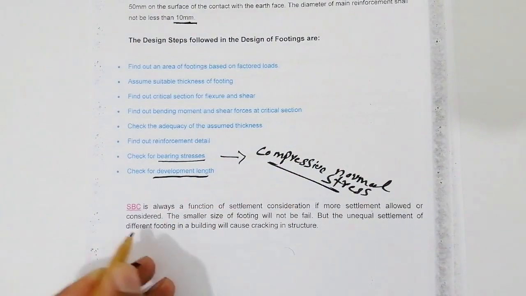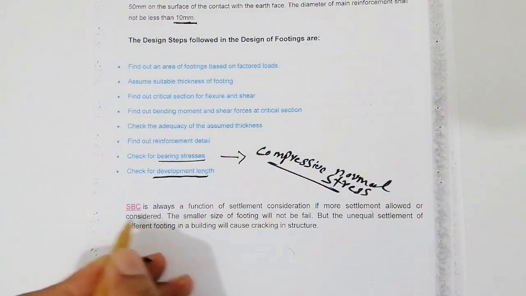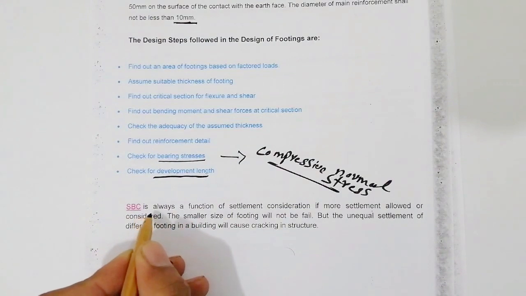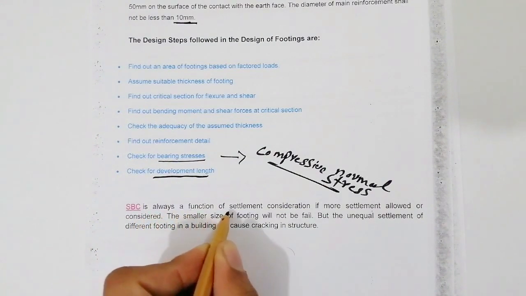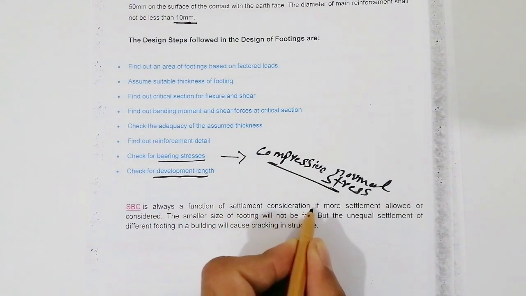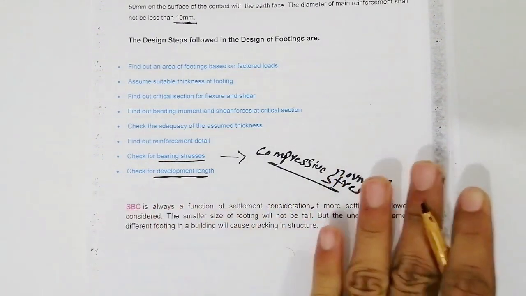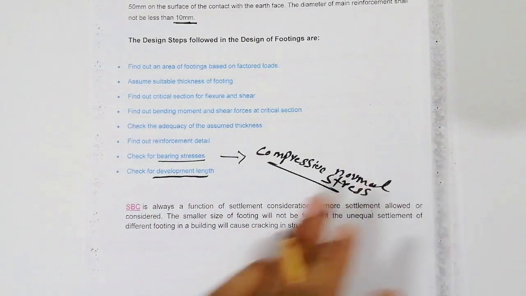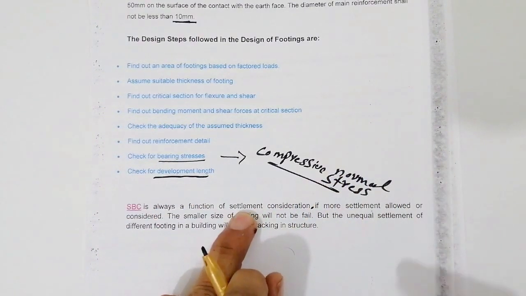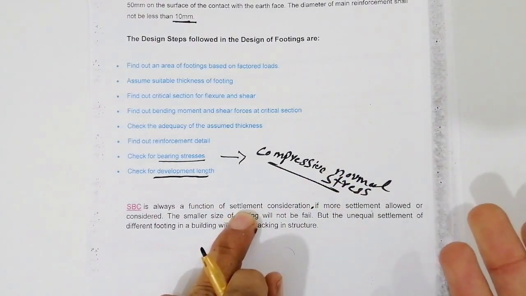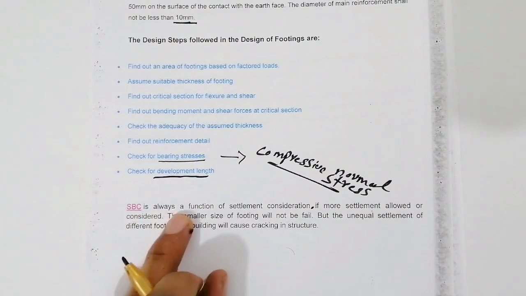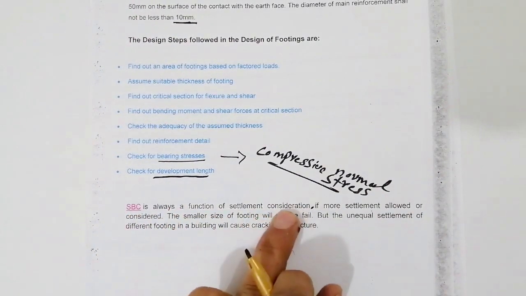Now guys, remember this point. SBC, soil bearing capacity, is always a function of settlement consideration. If the bearing capacity of the soil is good, there will not be any settlement in the soil.